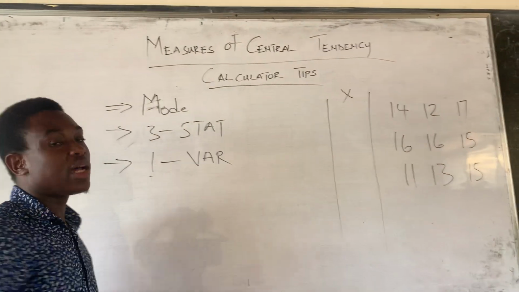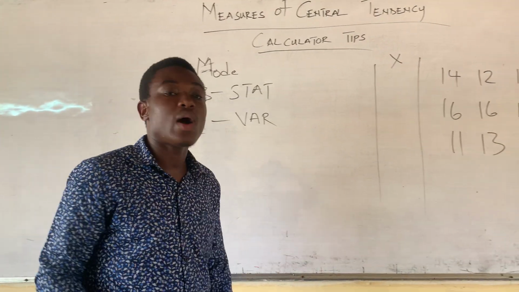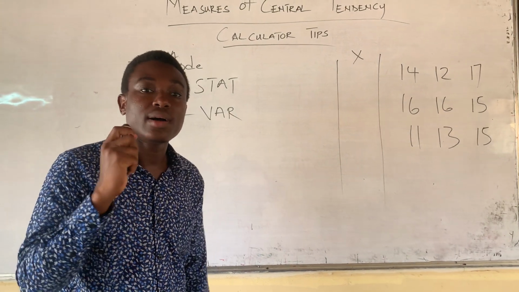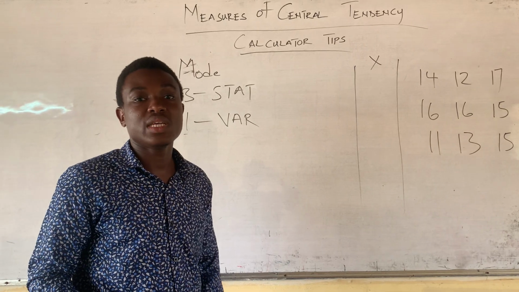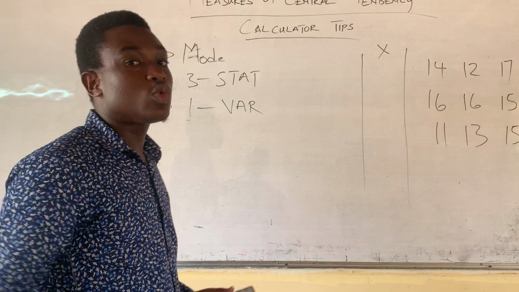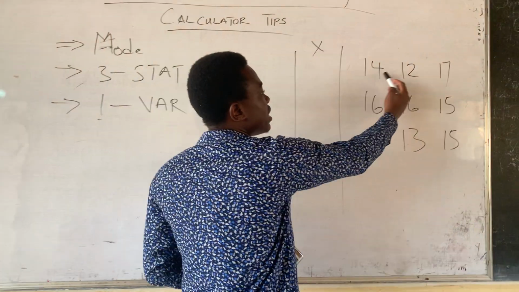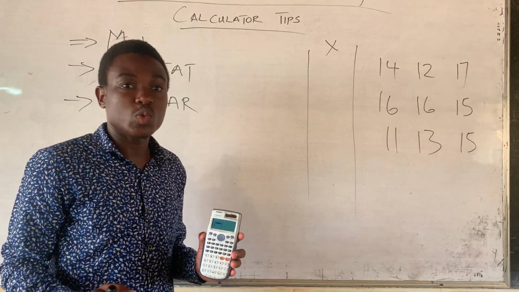This is the raw data that we have, and we want to use this data to calculate our mean and our standard deviation, and then solve for the variance as well. To enter this on the calculator, all you need to do is take each of the digits one by one. You enter the digit and you press equal to.